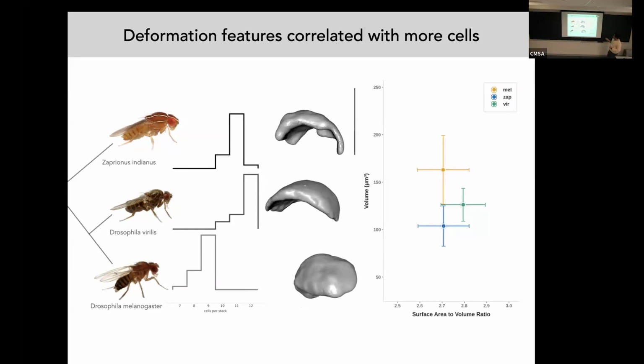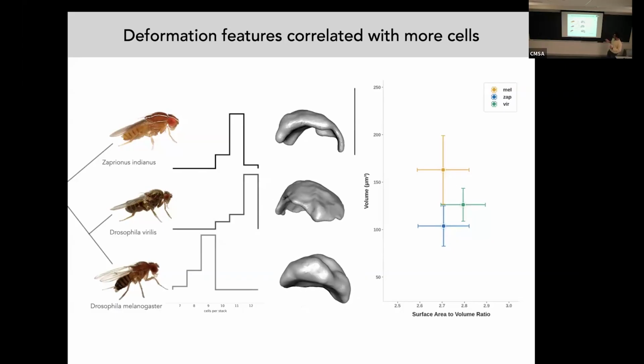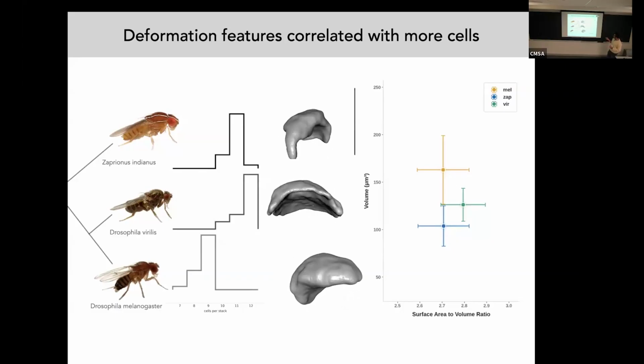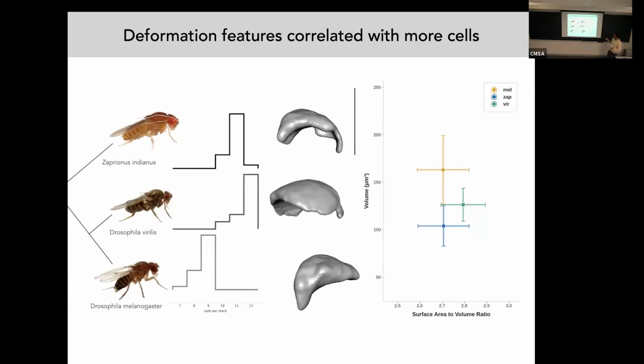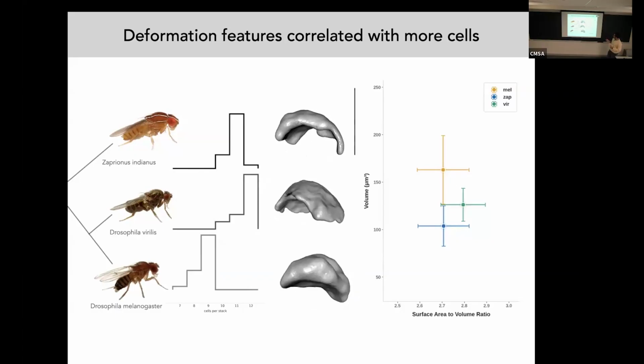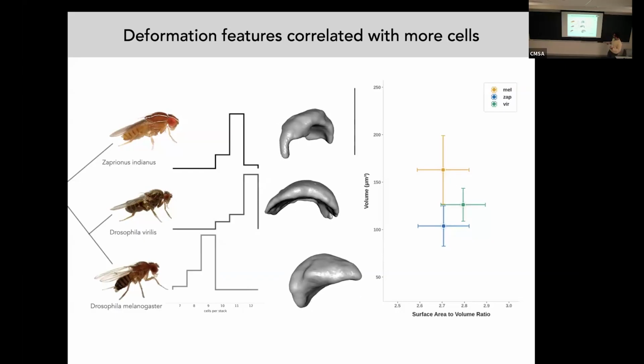Whereas in Viridis, which is packing 12 cells, which is about three or four more than what melanogaster is packing, we see a change in a little bit of both. We see a decrease in volume and also an increase in the surface area. So they're spreading a little more.